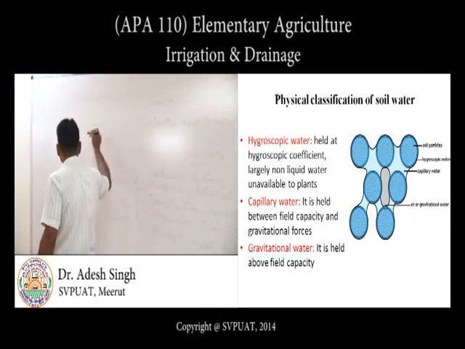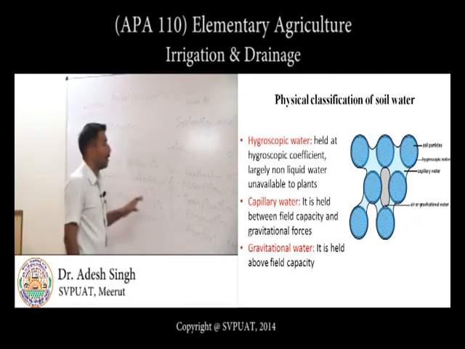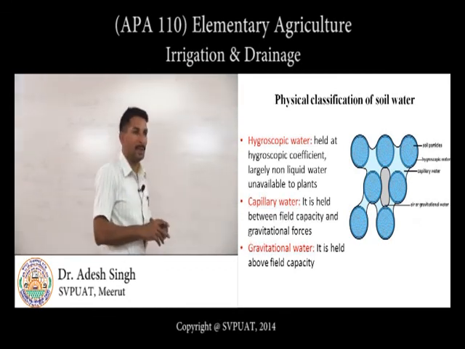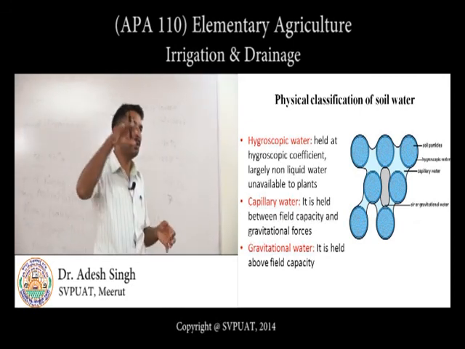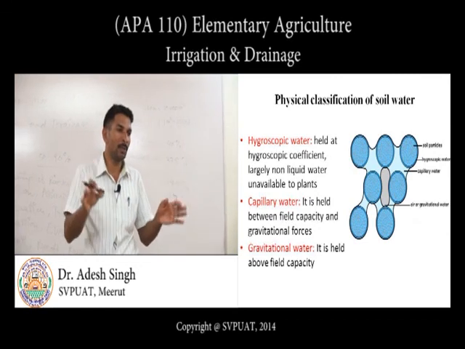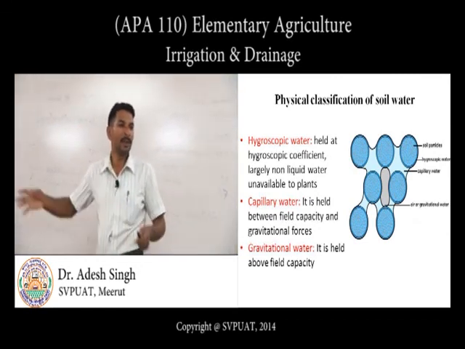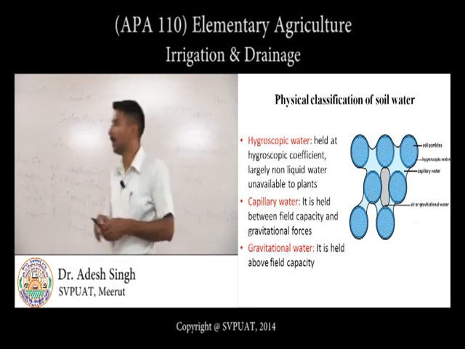One is the gravitational water, another is the capillary, and the third one is the hygroscopic. This gravitational water means water which goes beyond the root zone, which is not extracted by the crop plants, or which goes down due to gravitational forces. Clear? This is known as the free water.